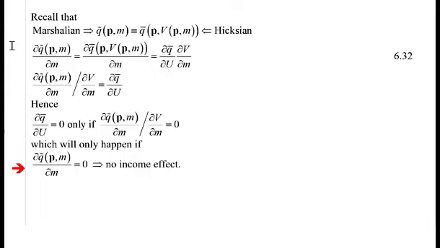That is, the equivalent and compensating variation are equal if and only if there is no income effect. So if the income effect equals 0, that is, if you give somebody a little bit more income, they don't change their consumption of that particular good, then in that case and in that case only will compensating and equivalent variation be equal.